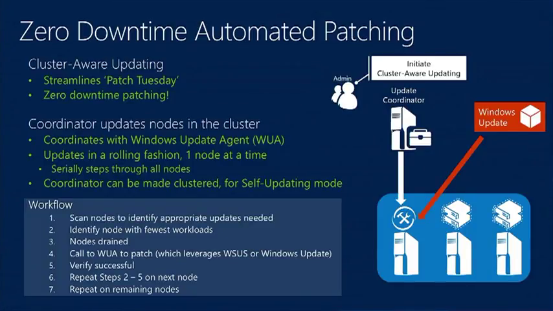So we have on our cluster now something called Cluster-Aware Updating, meaning that by using System Center or going directly to the cluster, you can just say, okay, I need to update my cluster, I need to update this machine. So the cluster will update the machine, but before that we live migrate all the VMs from that machine to another one, we update the machine, reboot the machine, and add it back to the cluster.